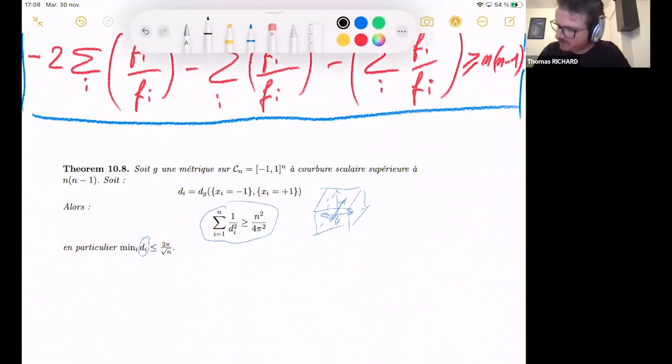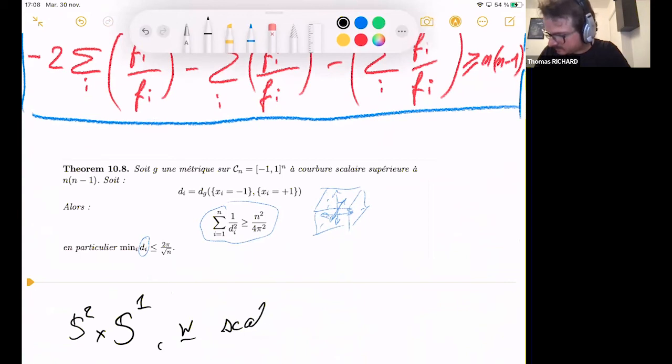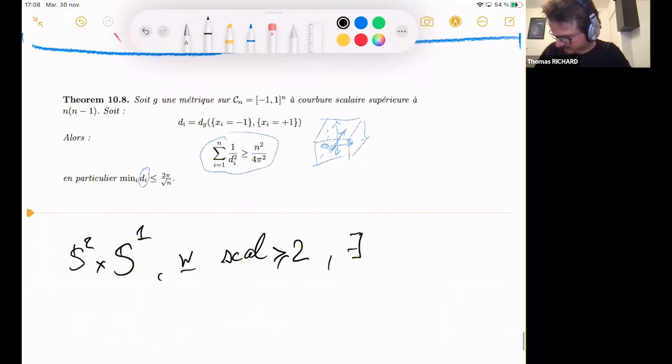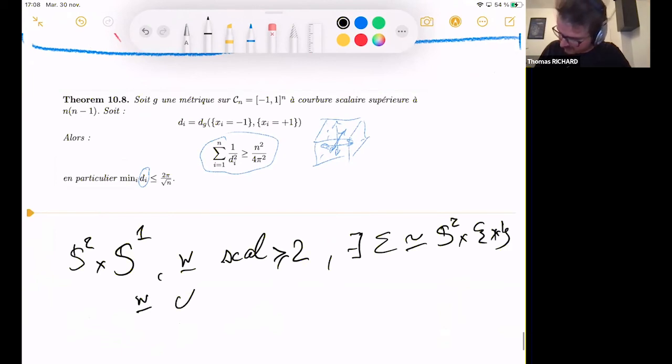Yeah, one of the easy ones is S2 times S1, the three manifold, with scalar curvature greater than 2, since here the comparison is 2. Then there exists a sigma, which looks like S2 times a point, with area at most 4 pi.